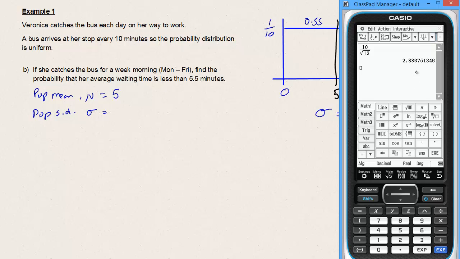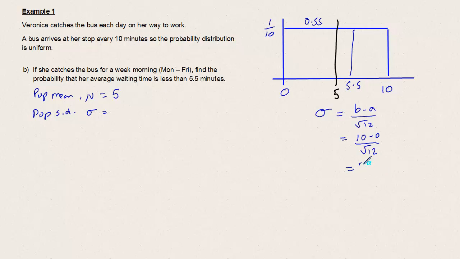So that's 2.8868. And we're doing it for 5 days, so we can say that n is equal to 5.